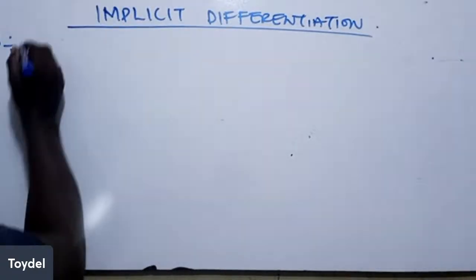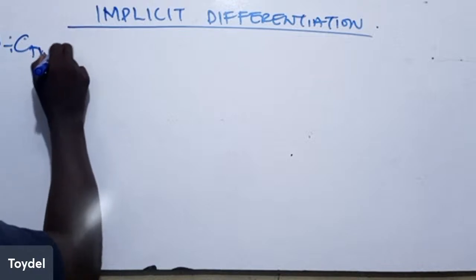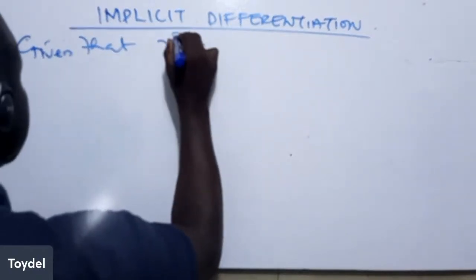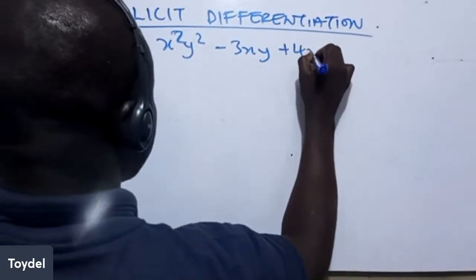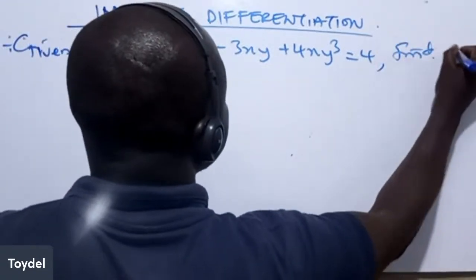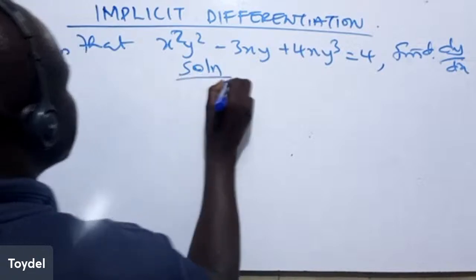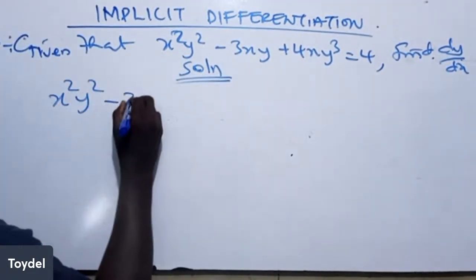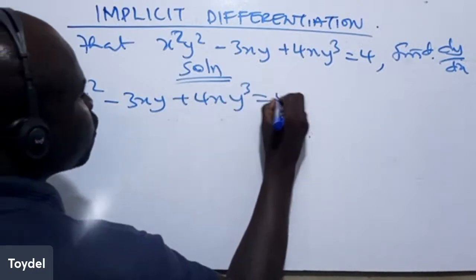So the question says, given that x squared y squared minus 3xy plus 4xy cubed is equal to 4. Find dy/dx. That is what we are given: the product of x squared and y squared minus 3xy plus 4xy cubed is equal to 4.